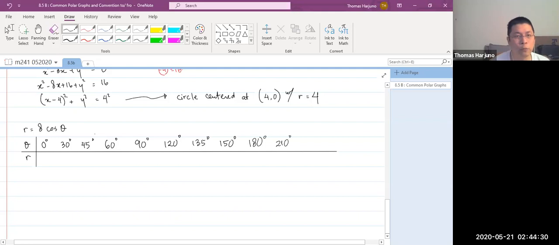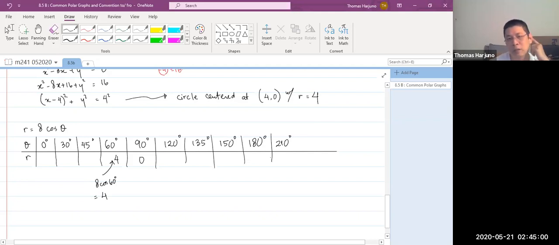I want you to find the values for each one of these. So please use your calculator. For example, let me pick this one here. When theta equals 60 degrees, 8 cosine 60 degrees, I use my calculator and I get exactly 4. Nice. And this will be 0, and so on and so forth.